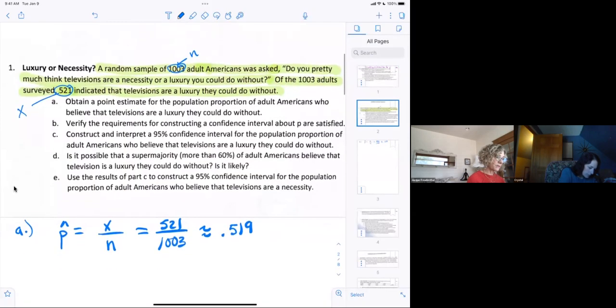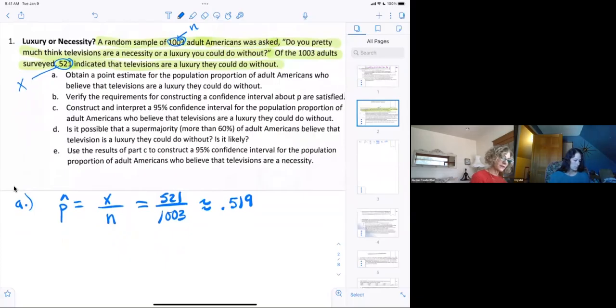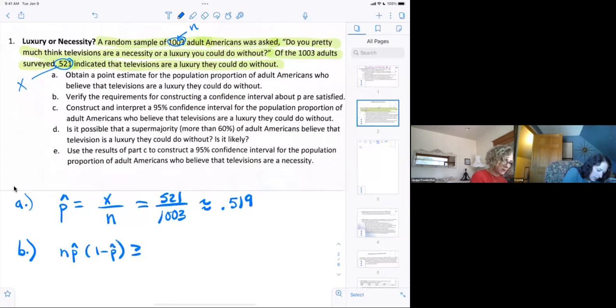Then it says part B, verify the requirements for constructing a confidence interval about p are satisfied. We know that n times p hat times 1 minus p hat has to be greater than or equal to 10. This is in order to use the normal model. So we have 1003 times 0.519 times 1 minus 0.519.